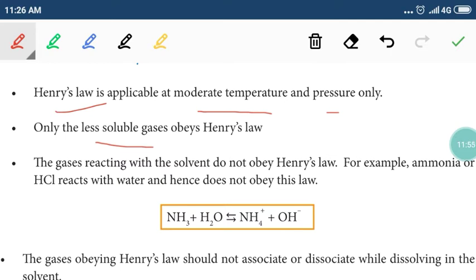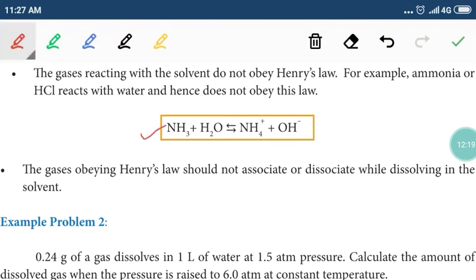The third limitation is that it is not applicable for solute particles which react with the solvent. During dissolution, some solute particles will react with the solvent particles, and that type of particles will not obey Henry's law. Take ammonia or hydrochloric acid.